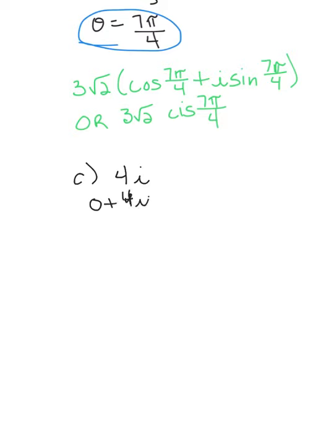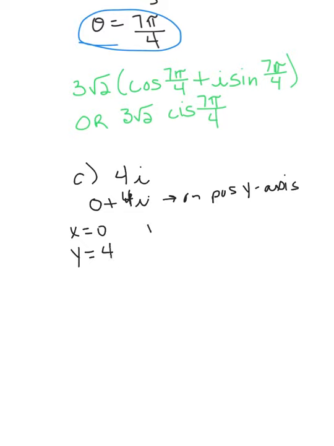So if you think about that, the real term being 0 means I'm going to stay on the axis. So this is just going to be on the positive y-axis. So our x is 0, our y is 4.